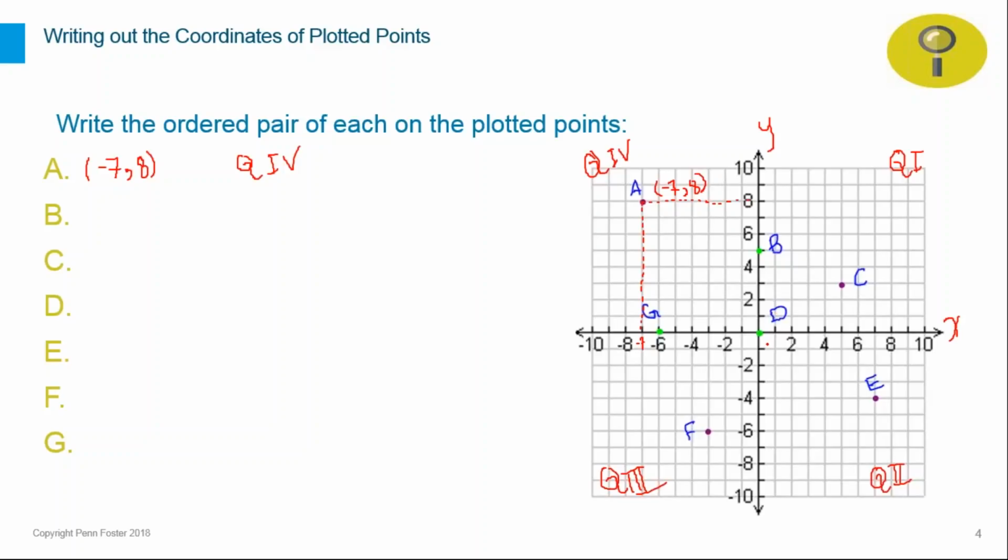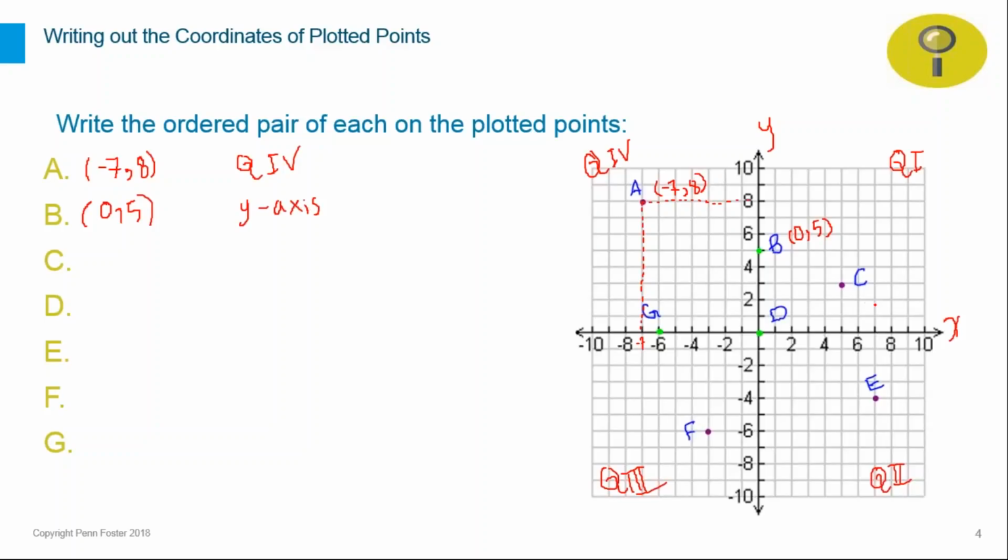Let's see. So the x is right on the 0, so this point has a 0 for the x, and then we went up 5 units, so it's going to be a +5. So the ordered pair for point B is 0 and 5, and that does not lie on any of the quadrants, that is right on the y-axis.